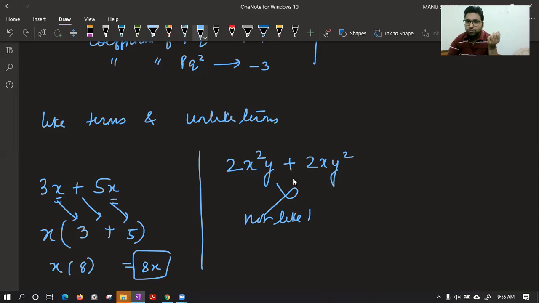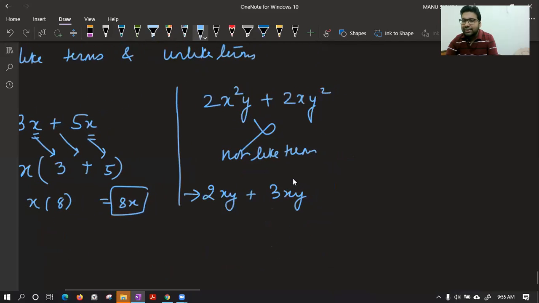But if I give you 2xy plus 3xy, are these like terms? Sir, we can take any number like you have taken one. Yes, you can take. Yes, these are like terms. Plus 2xy plus 3xy are like terms because you can easily add them. Why?